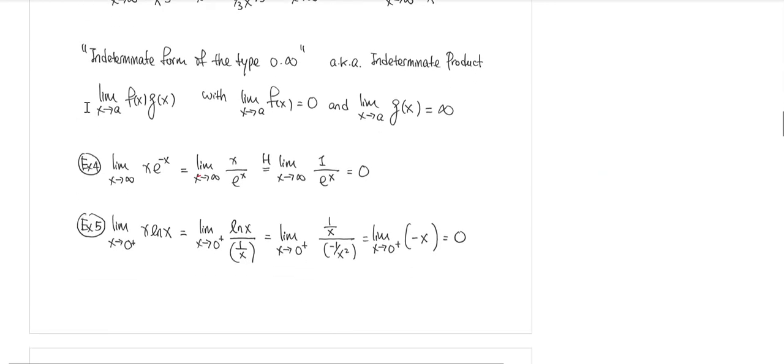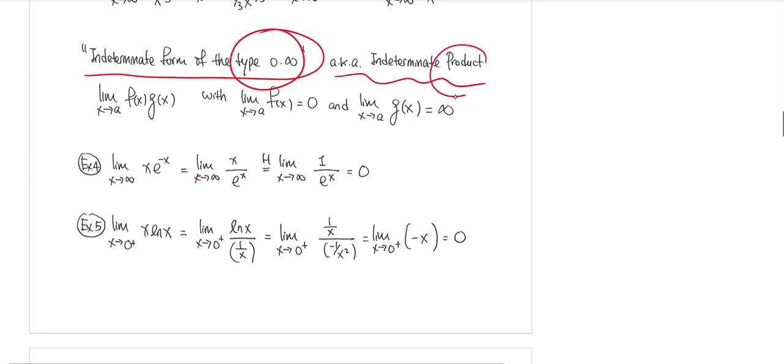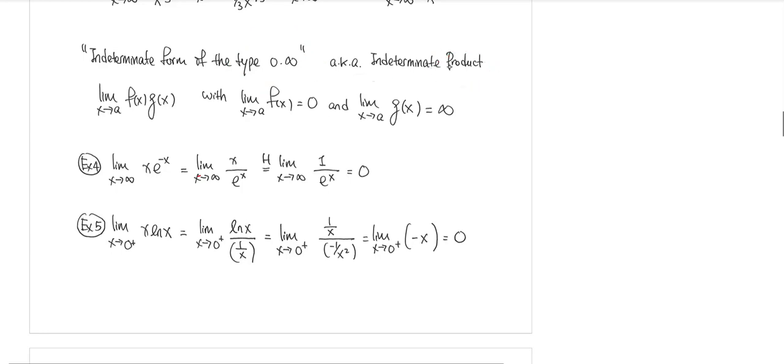Now, another type of indeterminate form will be the type of 0 times infinity, also known as indeterminate product. So when you have 0 times infinity, you also don't really know what the answer is. It could be 0, it could be undefined, it could be something else. You have no idea. Hence the terminology indeterminate.